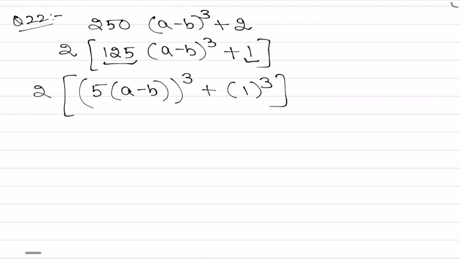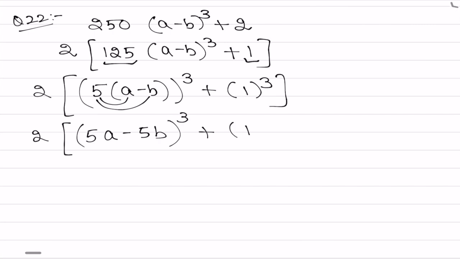Now 5 will multiply with both the terms a and b. So it becomes (5a minus 5b) whole cube plus 1 whole cube. Now we can see both the terms are perfect cubes, so we will use the identity.